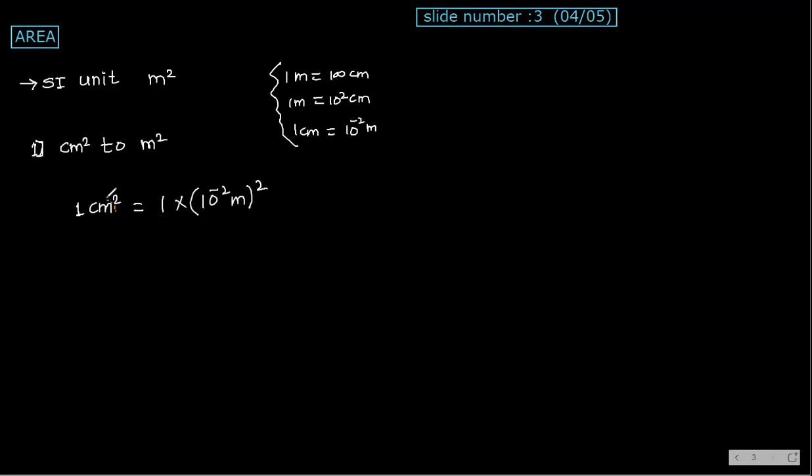Just at the place of this centimeter, I have substituted this value, and square is as it is. So 1 centimeter square is equal to 10 power minus 4 meter square.